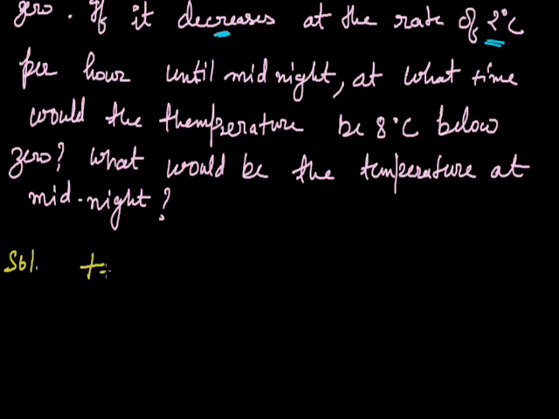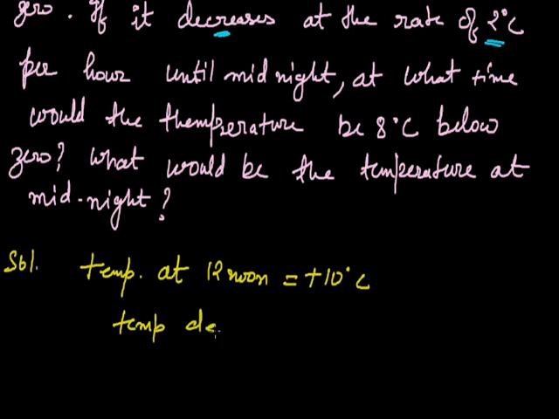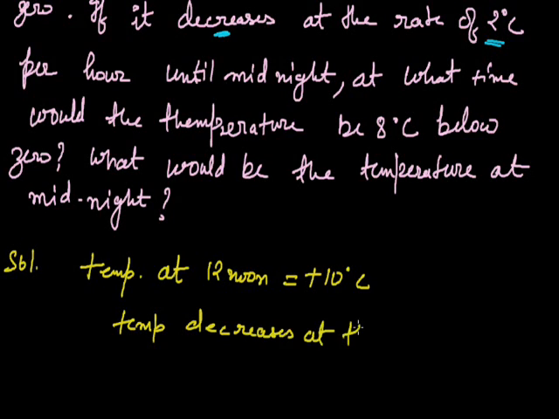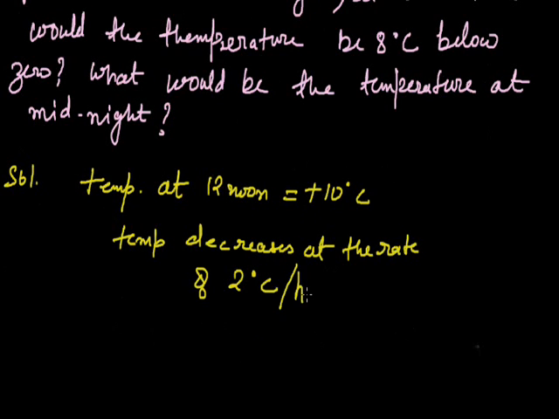Now, the temperature at 12 noon was plus 10 degrees centigrade. Now, the temperature decreases at the rate of 2 degrees centigrade per hour.